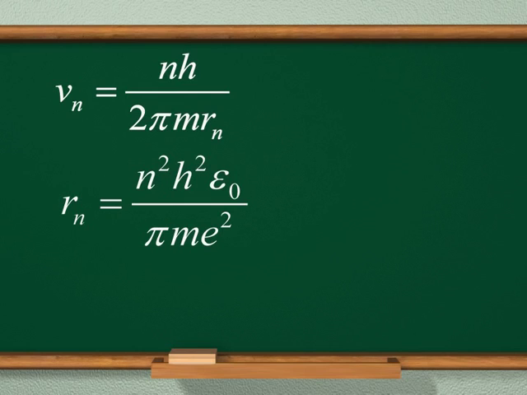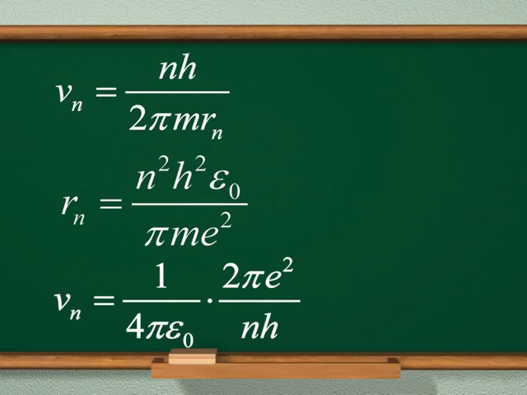On substituting the values of rn in the expression for velocity, we get vn equal to 1 by 4 pi epsilon naught into 2 pi into e square upon n into h.